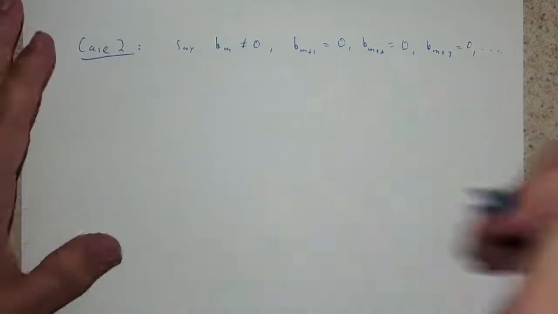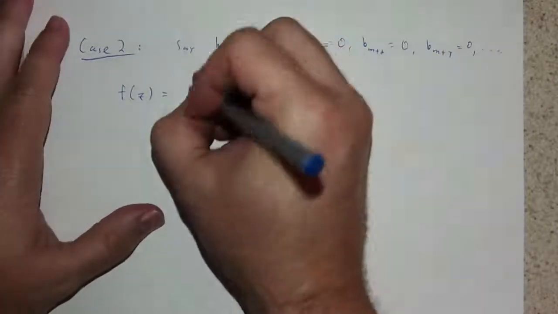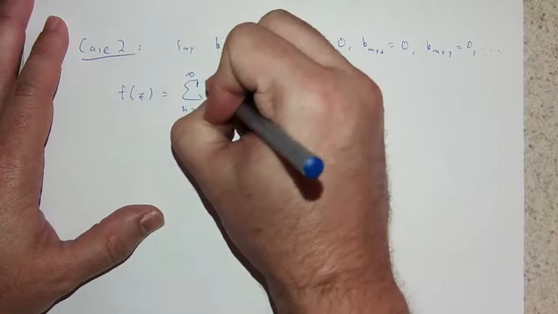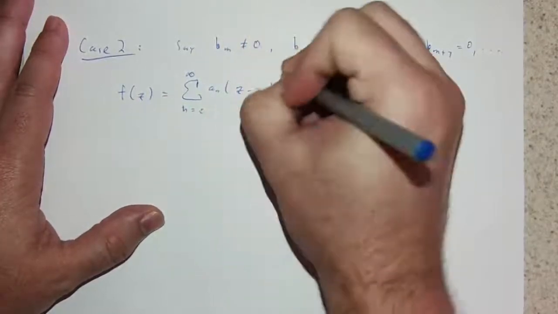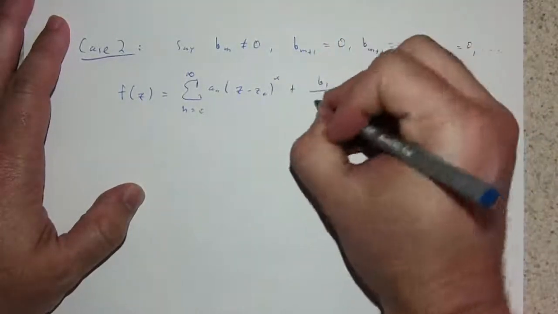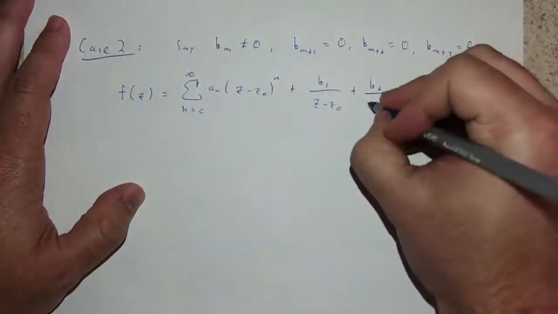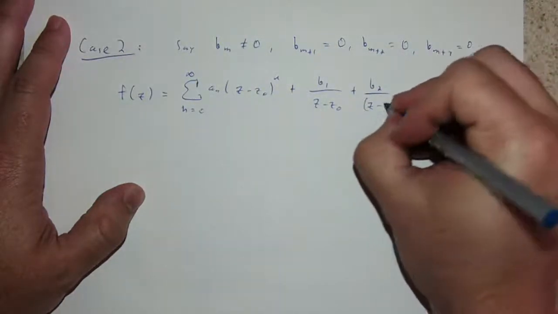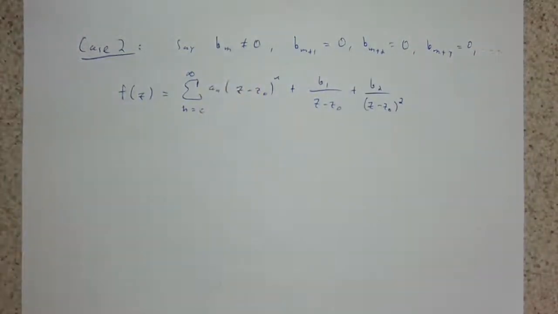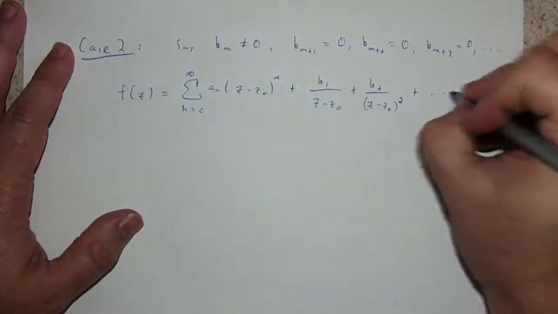Okay, and so in this way, we can write f of z having Laurent series expansion that consists of the power series part, plus the principal part, up to this m, which is our largest index such that b sub m is non-zero.